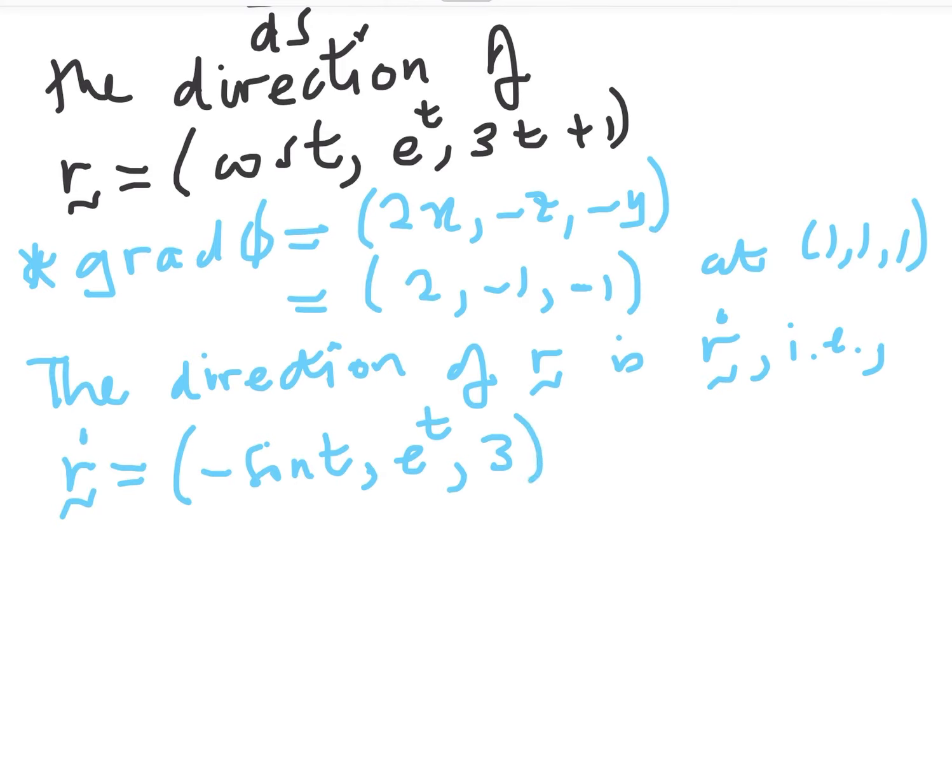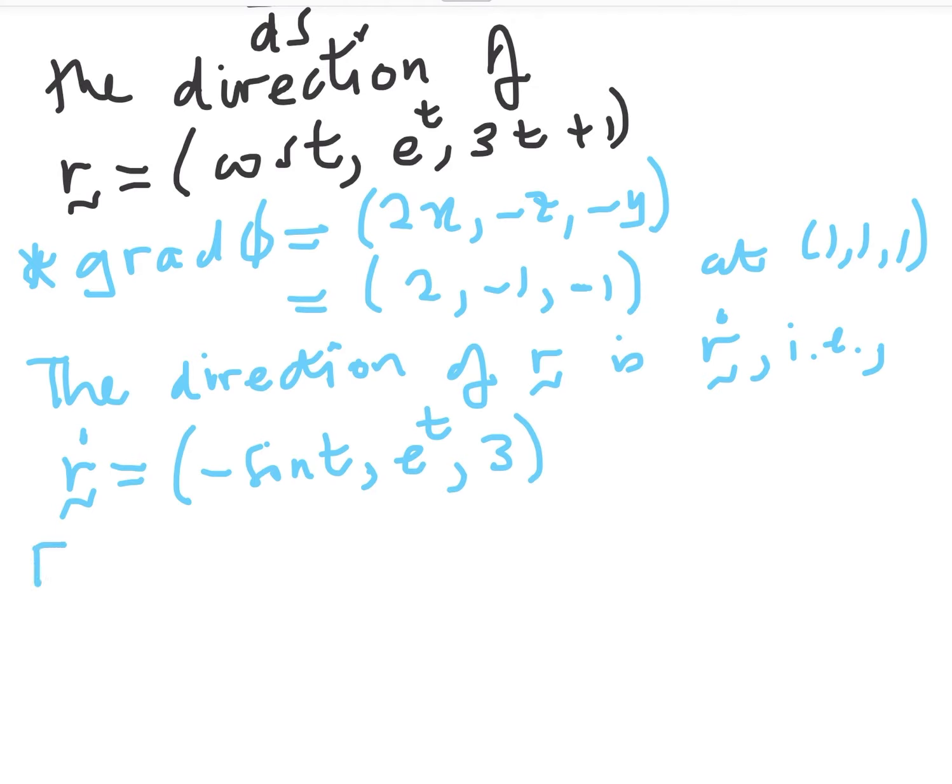We need to first of all determine the value of the vector r dot specifically at the point 1, 1, 1, which are the x, y, and z coordinates.